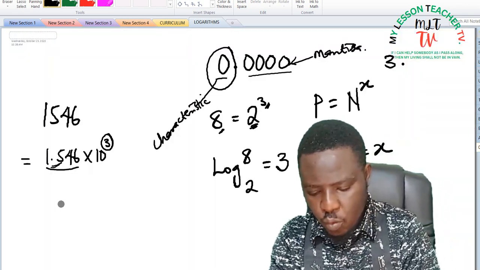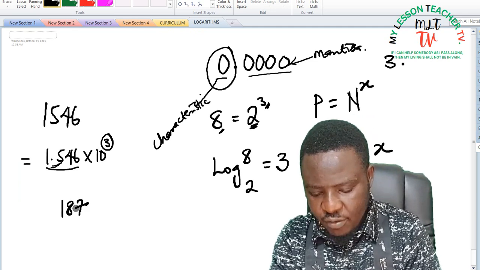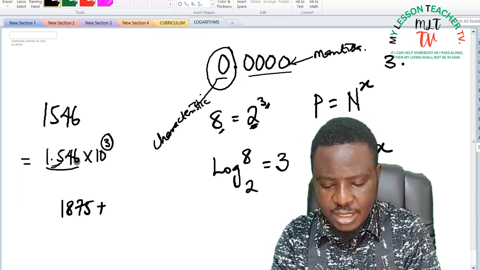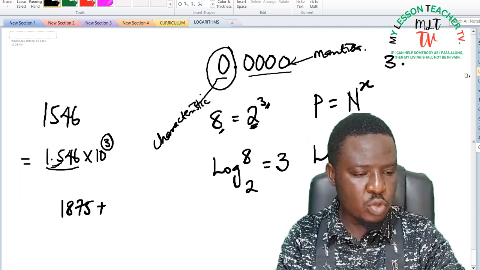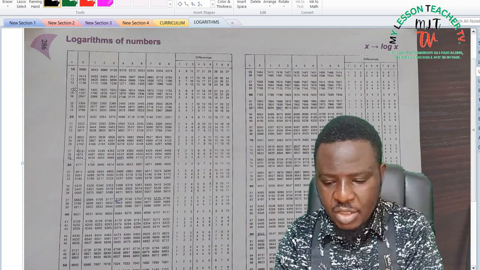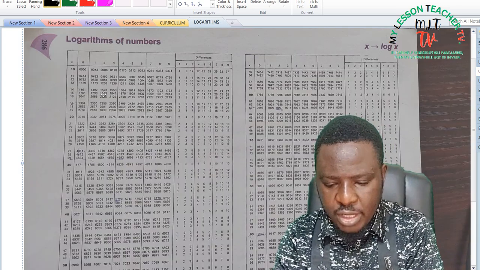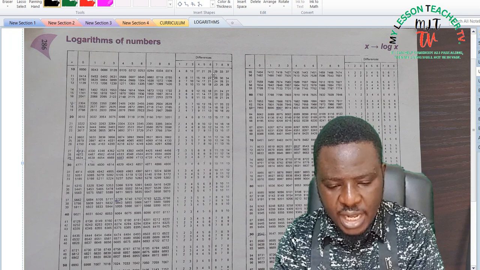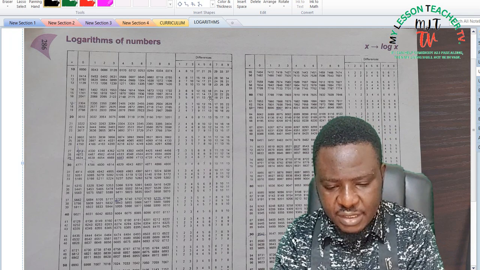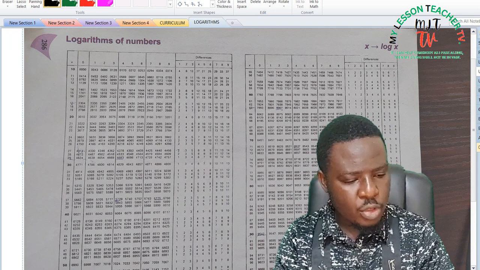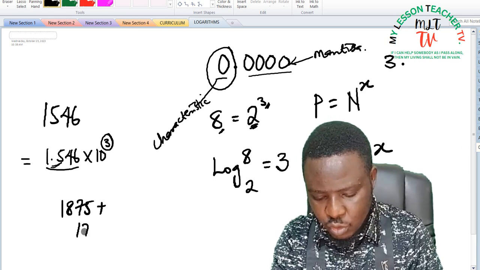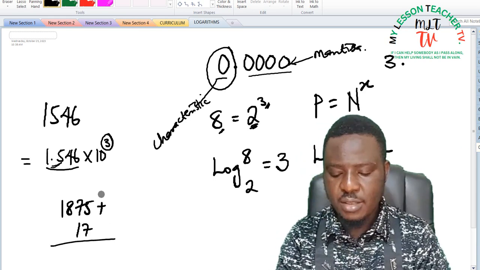So you pick 1875 plus the difference under 6. You still go to that column and trace 6. Follow it down to the difference table. Under 6, I have 17. So I'm going to add 17 to this, and that gives me the value.